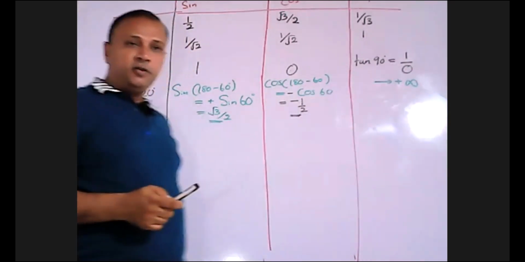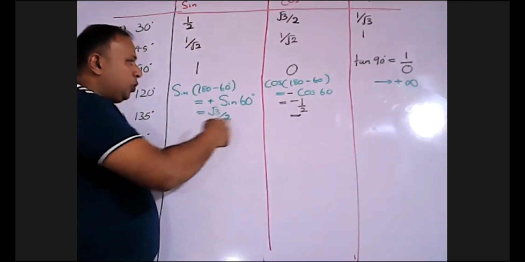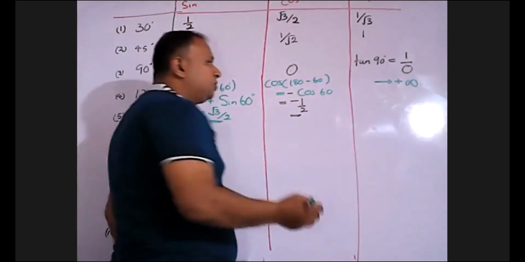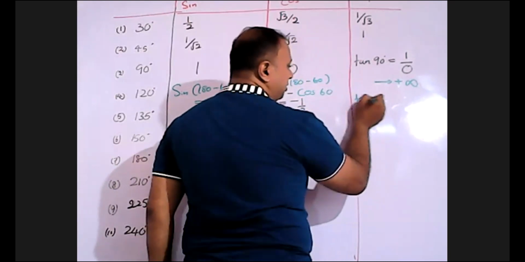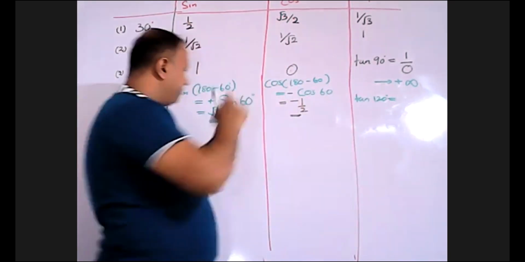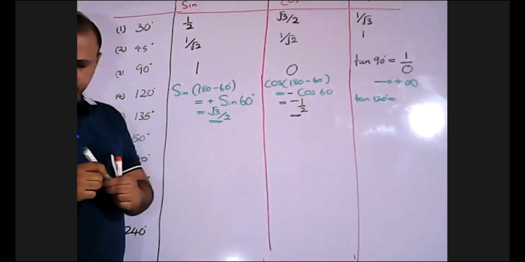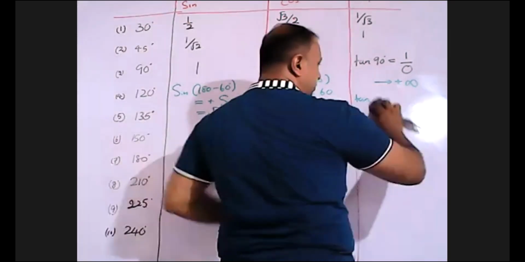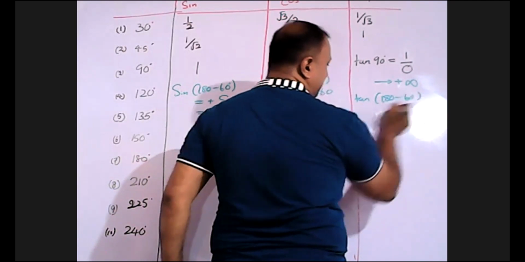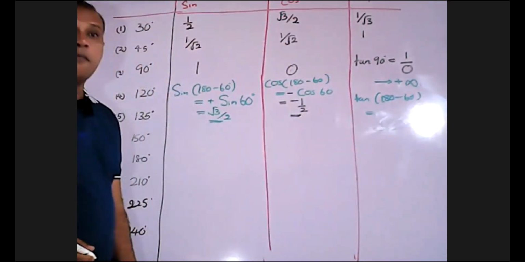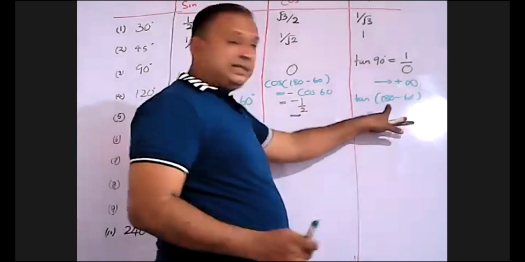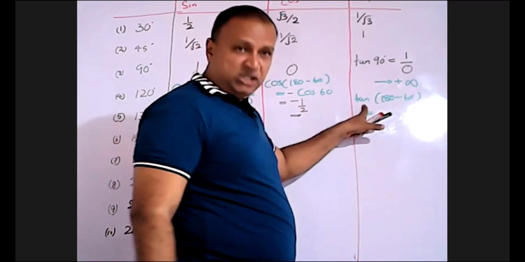The same thing can be done for tan. Tan is equal to sine over cos. Tan 120 is equal to tan of 180 minus 60, that means minus tan 60. As this is the even multiplication, the tan value doesn't change.